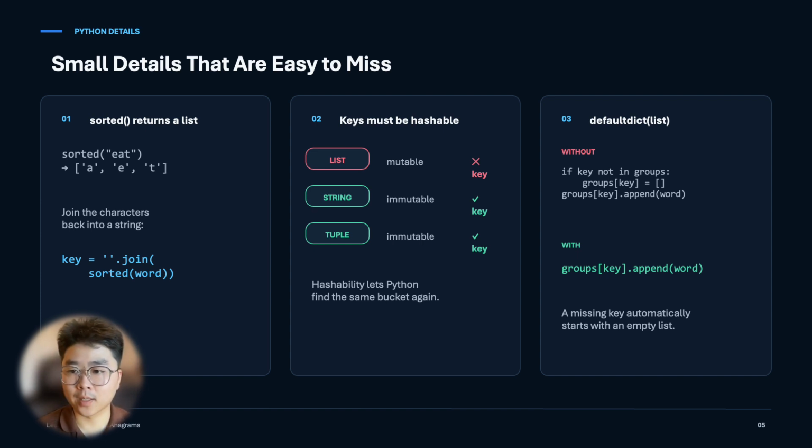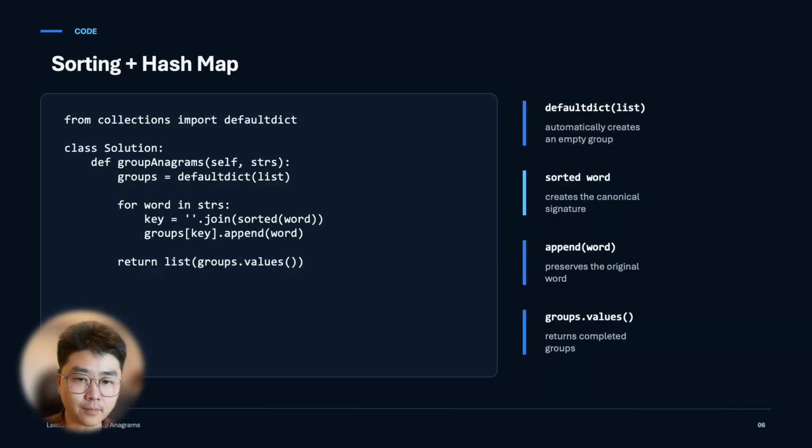That is why we cannot use a list as a key, but we can use a string or a tuple. And finally is defaultdict with a list, which makes the code clearer, because whenever a new key appears, Python will automatically create an empty list for us.